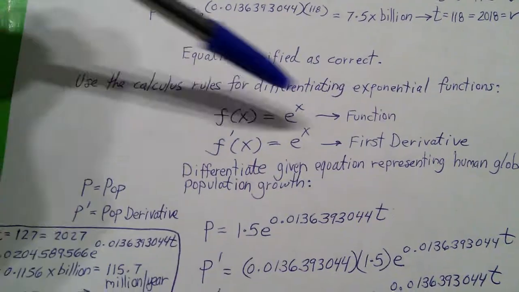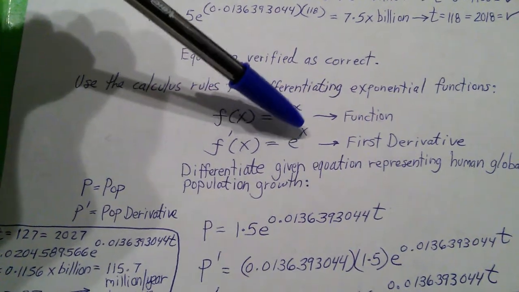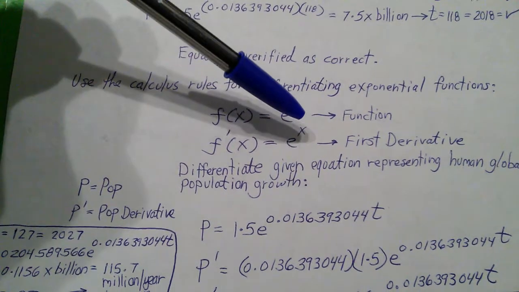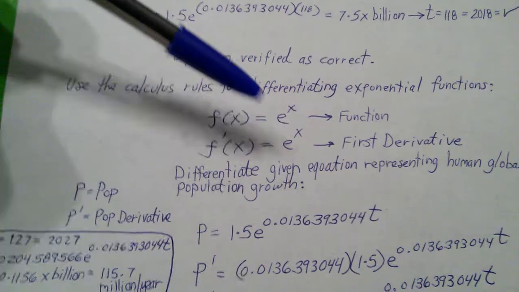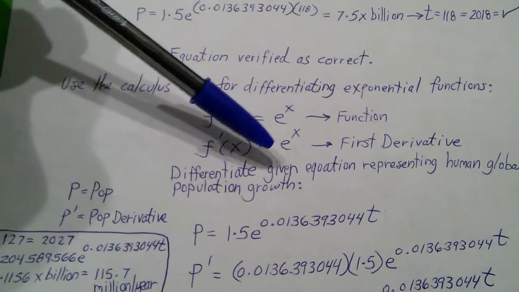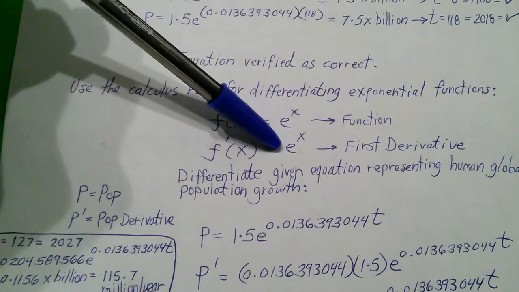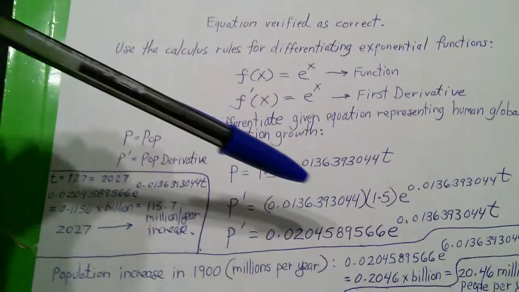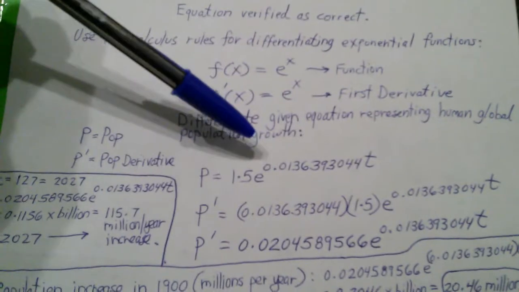So if we were going to take the derivative, or take the integral or the reverse, we would also use those functions that reverse it back to the function. So you'd always take that coefficient and multiply it times the coefficient before the e, and then repeat the whole e to the x.